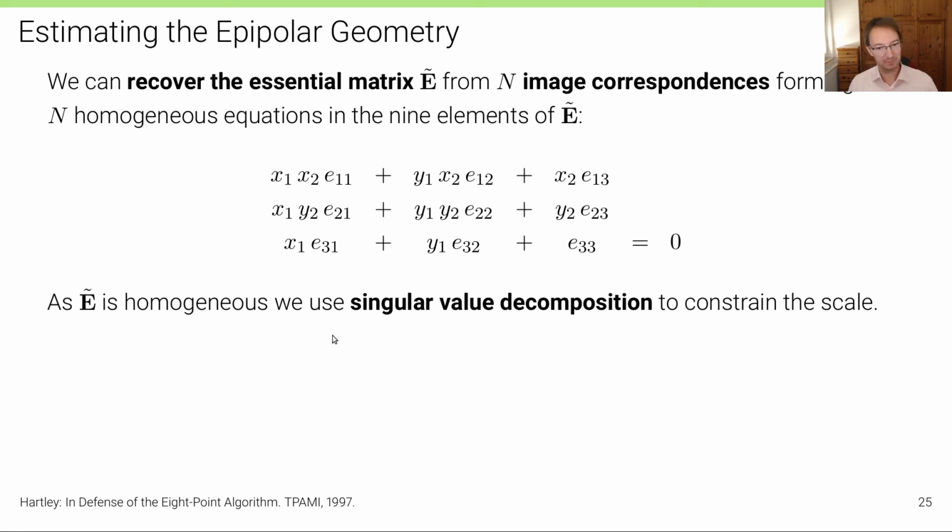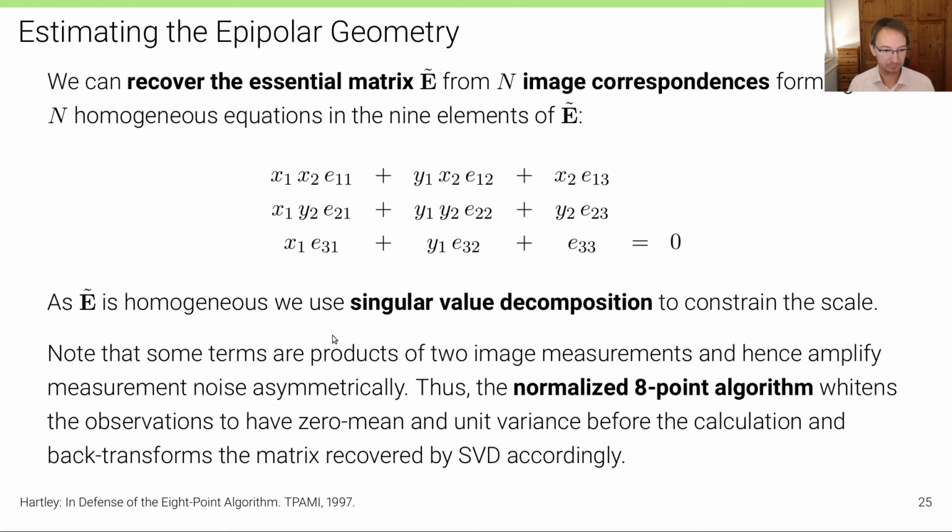We can constrain that scale of the matrix to 1 by again using singular value decomposition and obtain a solution to this constrained system. It's exactly the same way as we did it for the recovery of the homography before, and you will see that we're going to apply exactly the same trick multiple times throughout this lecture. So it's a very important trick.